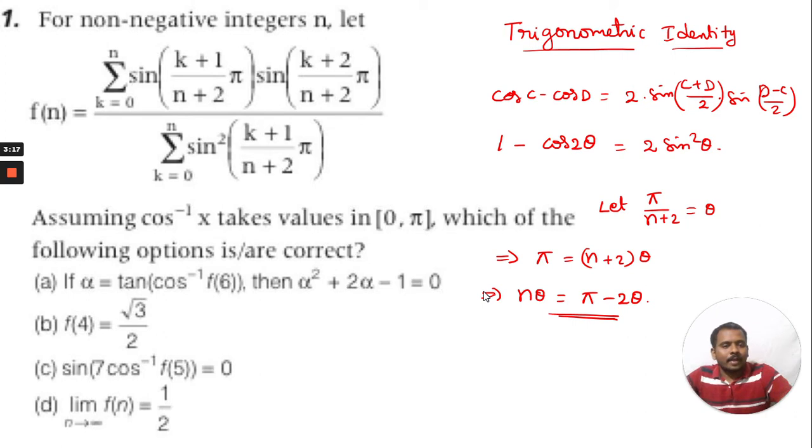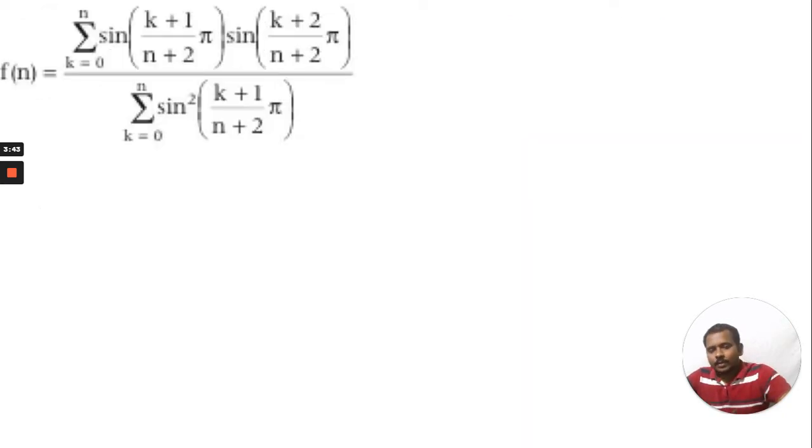So now let's try to simplify this. In order to simplify, let's take this numerator, that is, let's multiply this numerator by 2 and denominator by 2, so that the numerator is converted into the form cos c minus cos d and the denominator into the form 1 minus cos 2 theta. So let's do that.